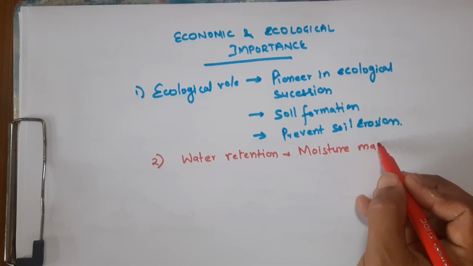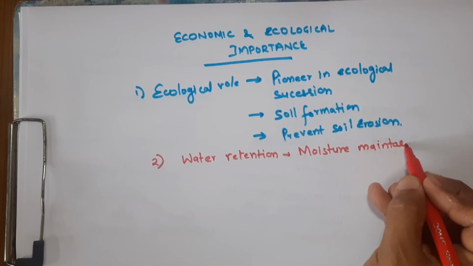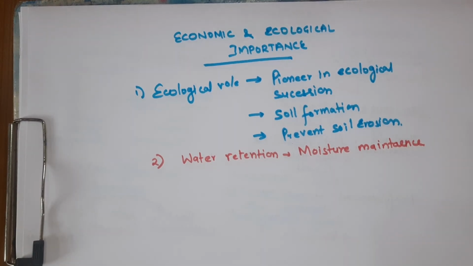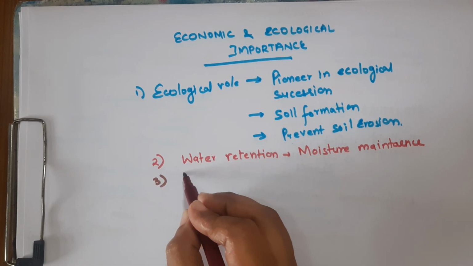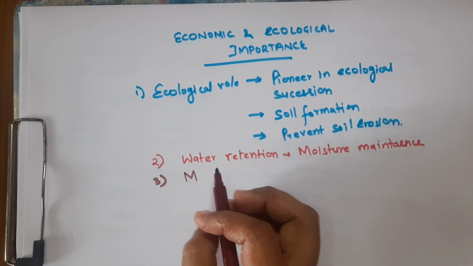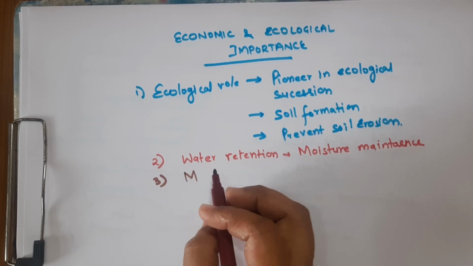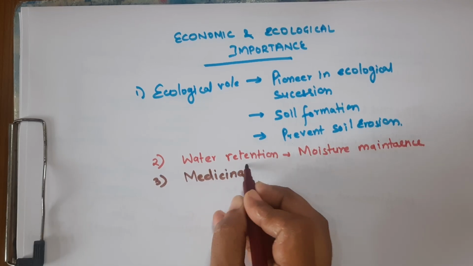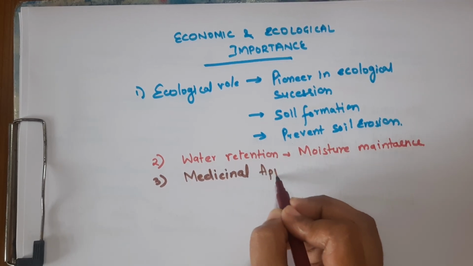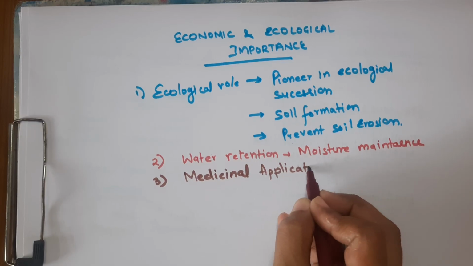Apart from this, if we talk about the economic importance, there are certain liverworts that possess antibiotic, antibacterial and antifungal properties, so they are used for medicinal applications. So this is all, students, in this video about the liverworts.